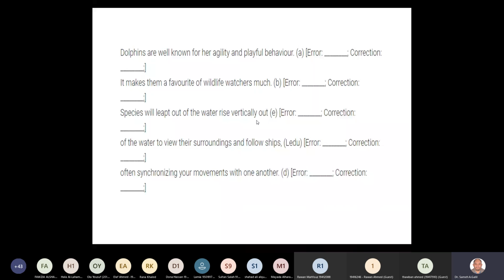So you would have an adjective describing a noun, in this case playful, or a noun describing a noun, in this case agility. I'm asking you, would we change agility or playful? This is my question.